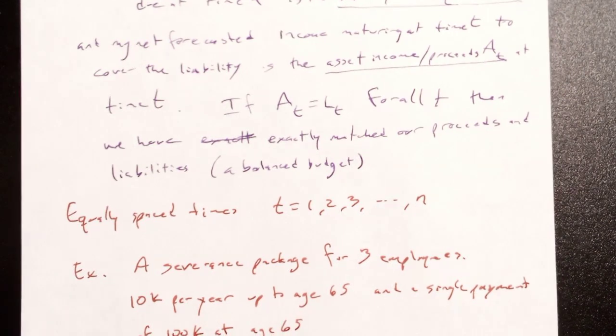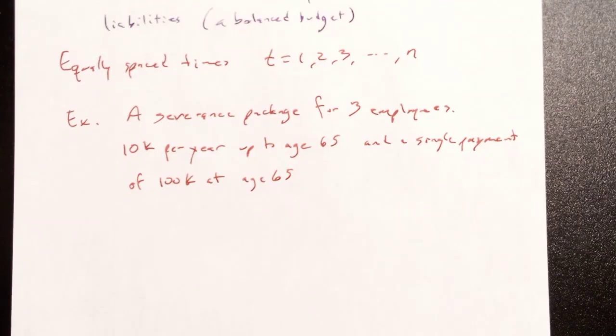And then we're done. By the way, this severance package is transferable to their heirs. So if they die at age 64, I still have to make that $100,000 payment. I have to make it to the estate of.